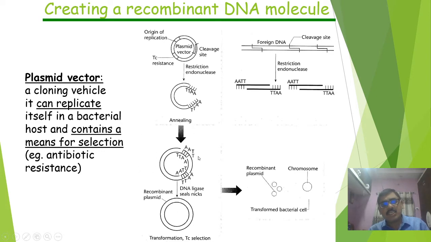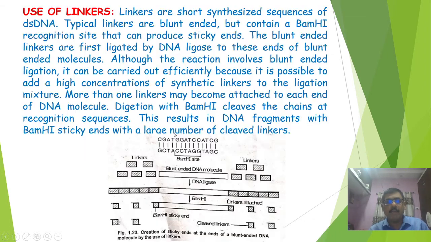And so ligation with sticky ended molecules is very much easier. But in the case of blunt ended molecules, it is not very easy, and therefore we have to use certain other molecules like linkers and adapter molecules.